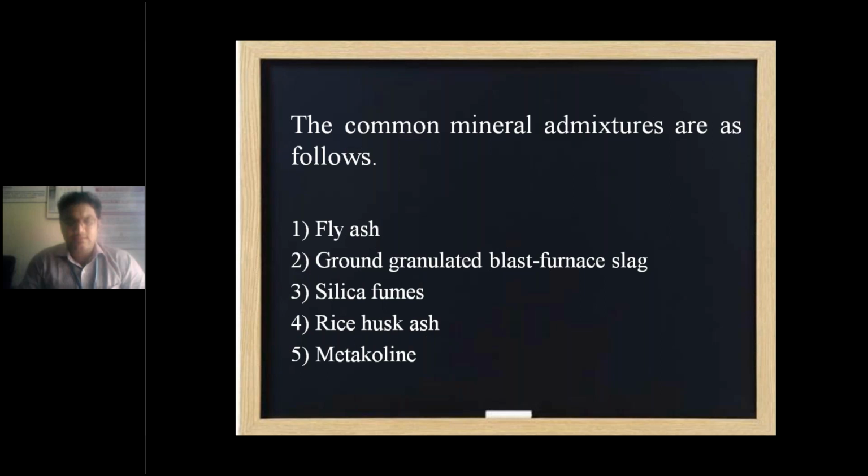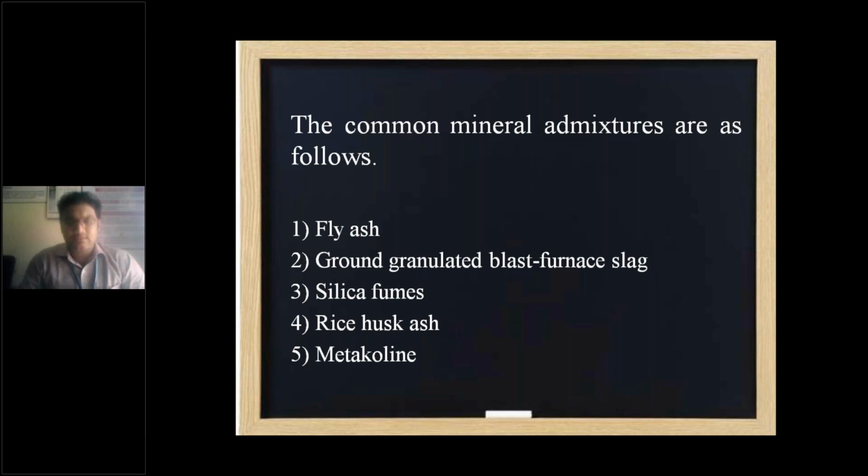So let's talk about what mineral admixtures are available and which are going to be used for prestressed concrete to achieve high strength. One is fly ash. You all know fly ash is a byproduct of thermal power plants, right? Next one, ground granulated blast furnace slag, GGBS. GGBS is the byproduct of the steel industry, a byproduct of all kinds of furnace industries.